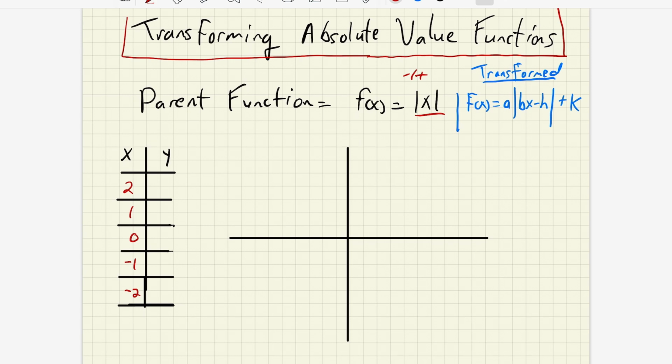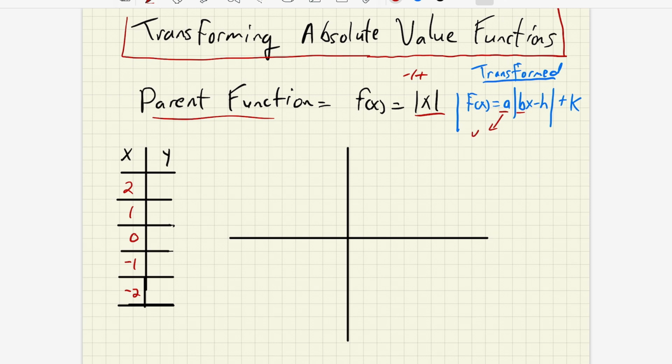So the regular function, or the parent function, is f at x is equal to absolute value x. And the transformed function would be f at x is equal to a times the absolute value of b times x, if there is a b value, x minus h, plus k. Just like our other transformation algorithms, your a and b are factors by which things get stretched or compressed.